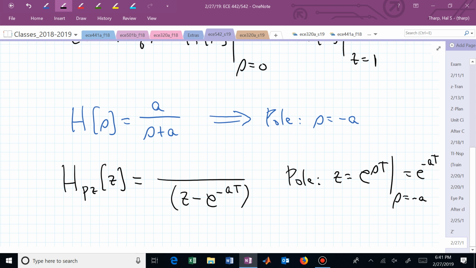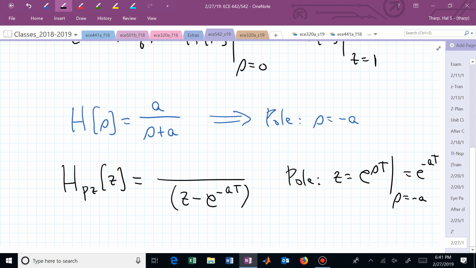How many zeros at infinity do we have in H of S? How many more poles do we have than finite zeros? We have one pole. How many finite zeros do we have? 0. So we have a pole zero excess of 1.